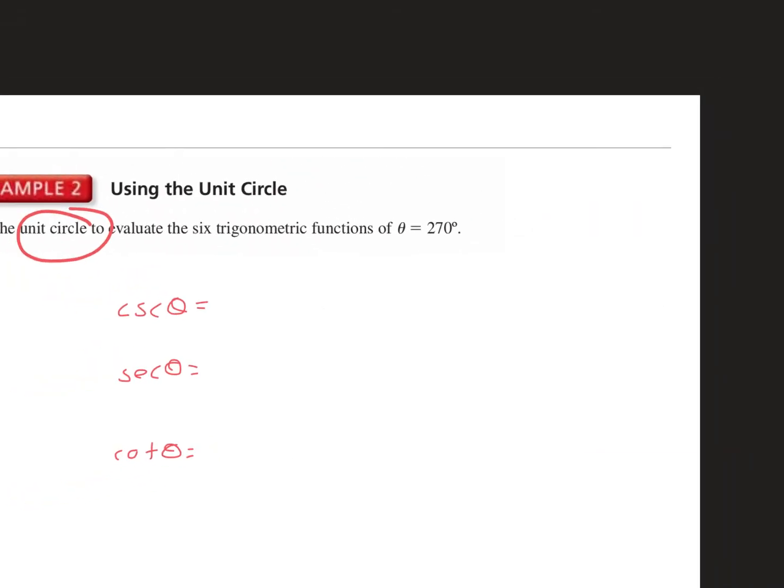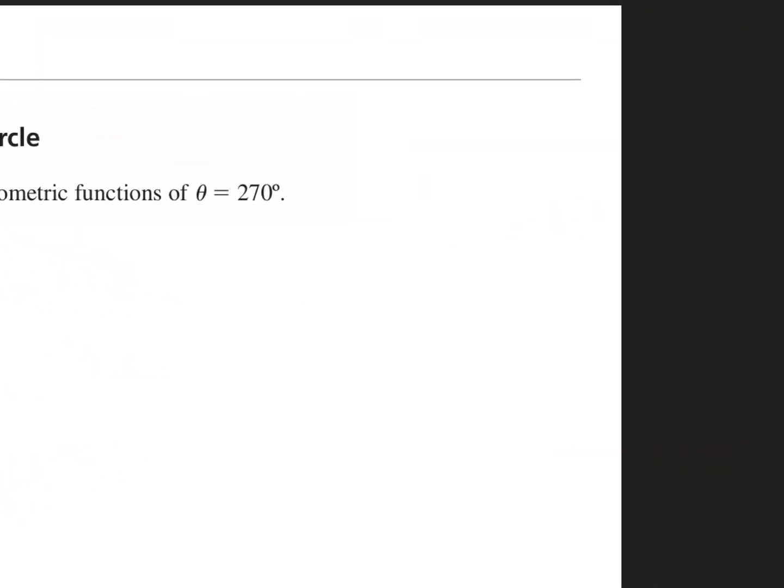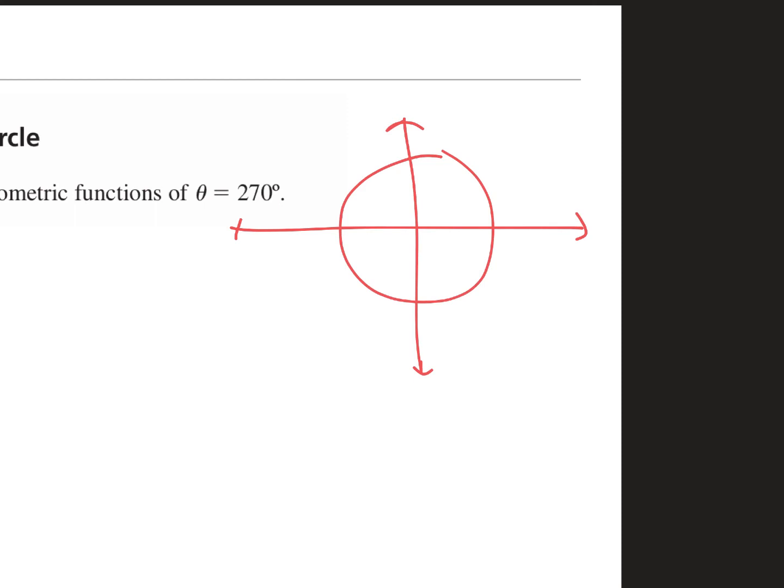All right. So let's draw our unit circle. We have our coordinate plane and our unit circle. And now we need to draw theta at 270 degrees. Just a reminder, our circle is 360 degrees, so each quadrant is 90 degrees.